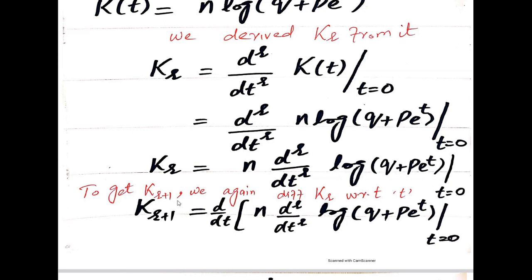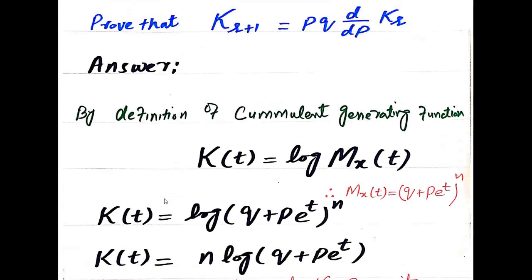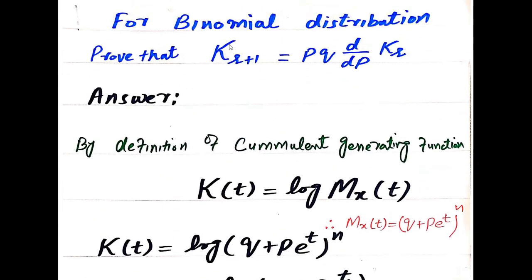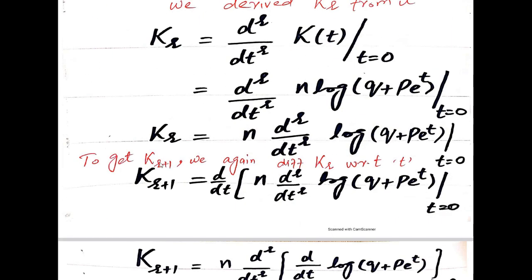To get k_{r+1}, because you can see in this equation we have k_{r+1}, we need k_{r+1} to prove this relation. So for the purpose of getting k_{r+1}, we again differentiate k_r with respect to t.